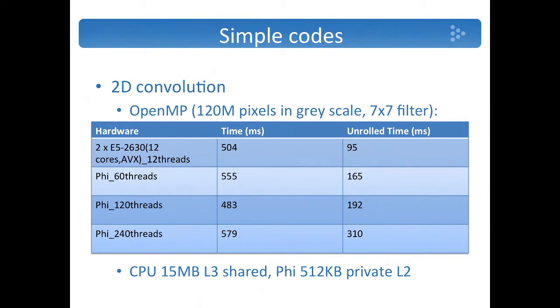If one thread is working with row 1, we may need the data in row 7. We don't have enough room to hold all these 7 rows in Phi's cache. So if we want to access the elements in row 4 or row 5, we have to find them in the DDR memory, which is very slow.